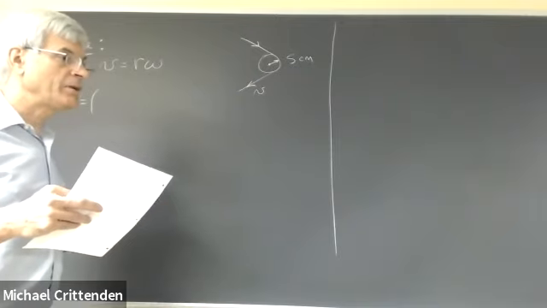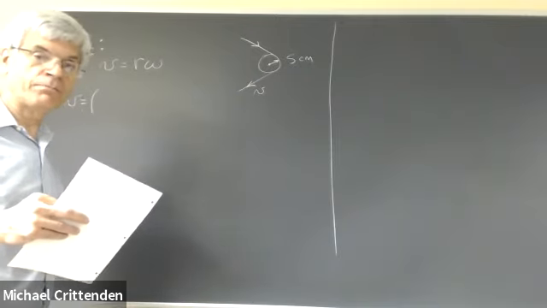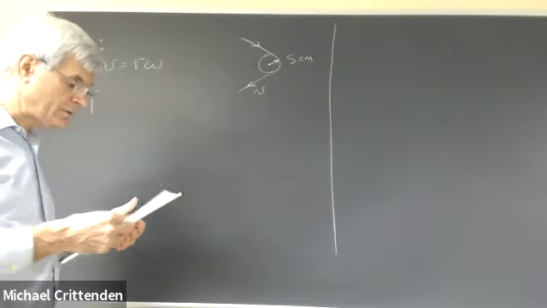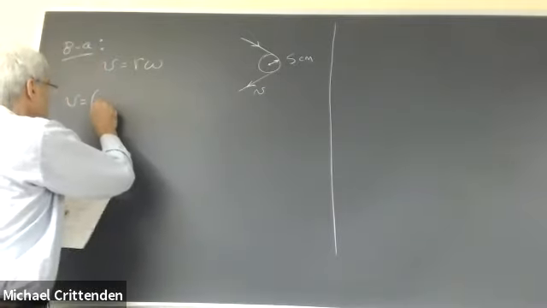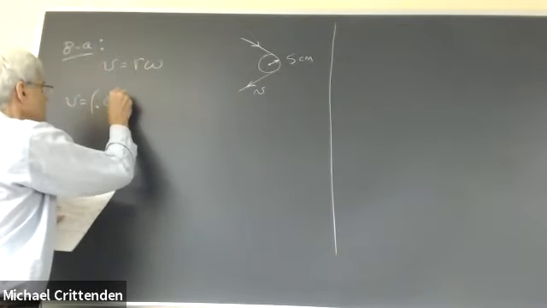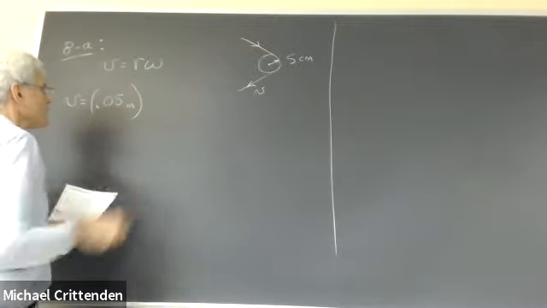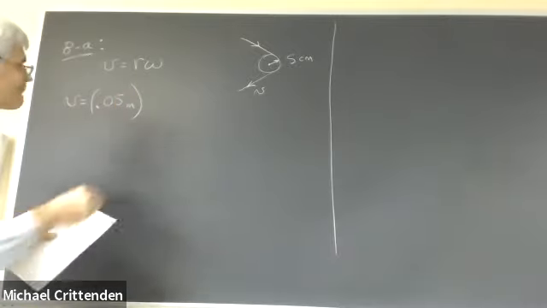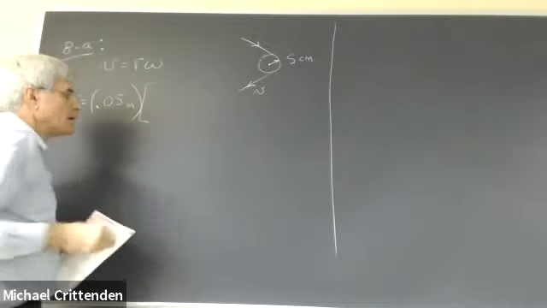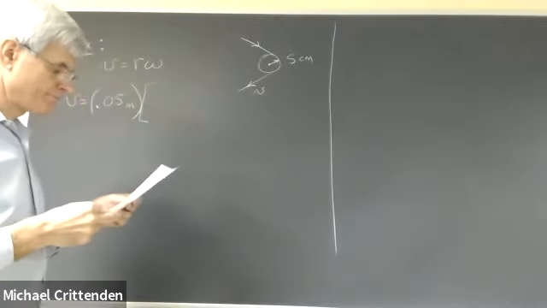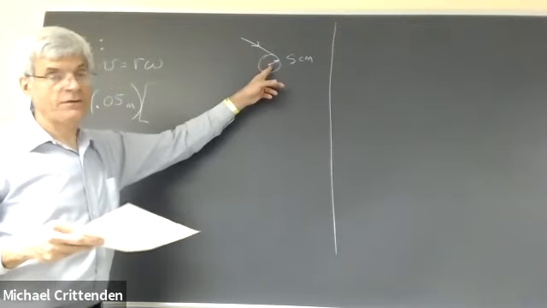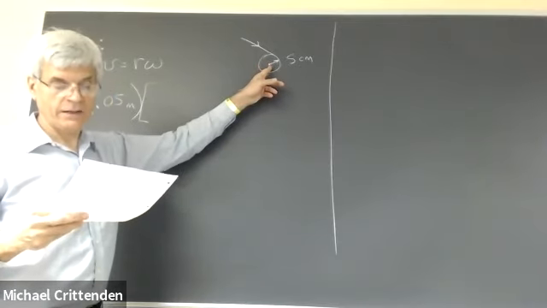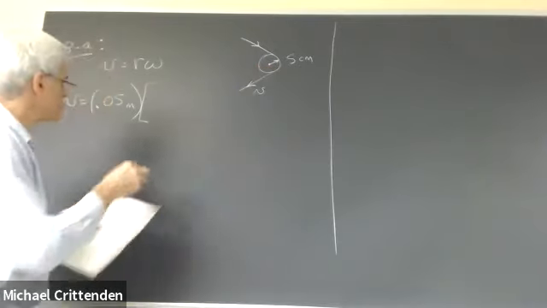But I feel like being prim and proper and using the standard unit, so I converted that to 0.05 of a meter. Now, the angular velocity. The question says this wheel is spinning around at 500 revolutions per minute.